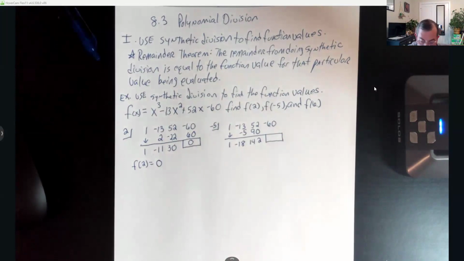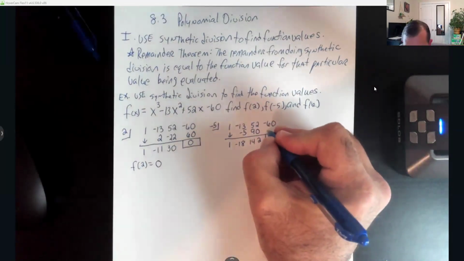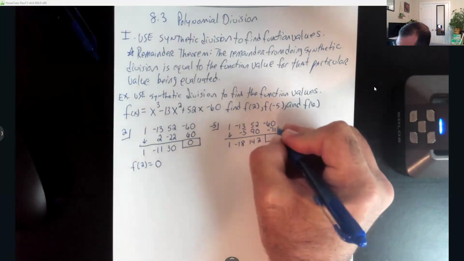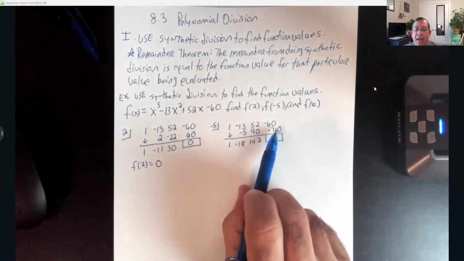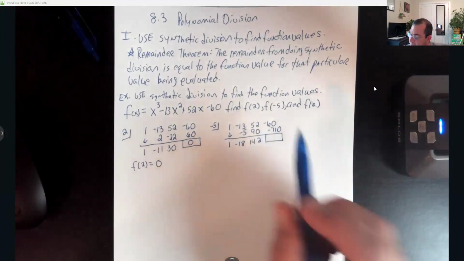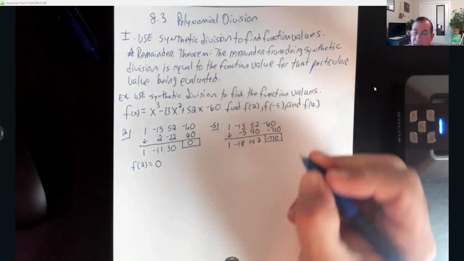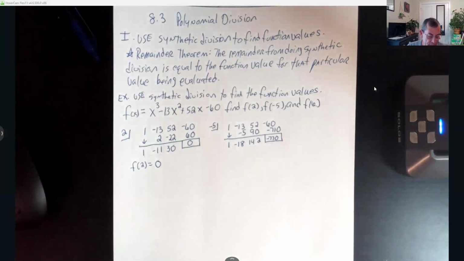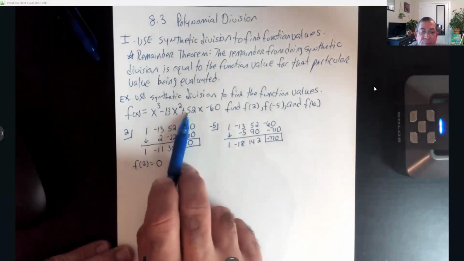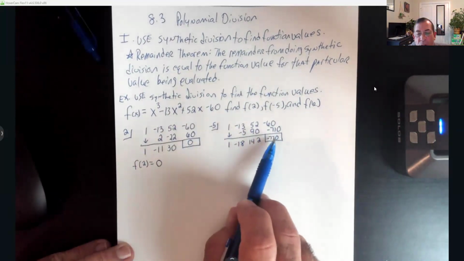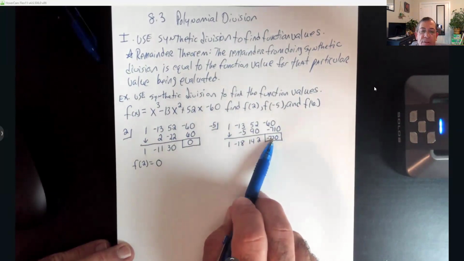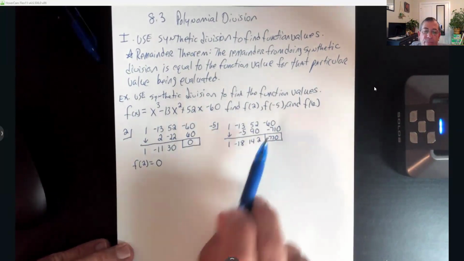And then we got 142 times negative 5, which gives me a negative 710. And y'all add negative 710 and negative 60, I get a negative 770. So that means if we put a negative 5 into this polynomial, it will equal a negative 770.